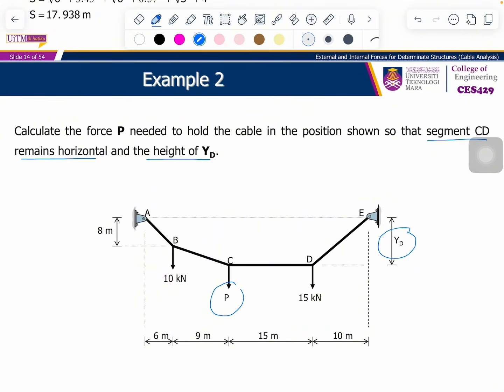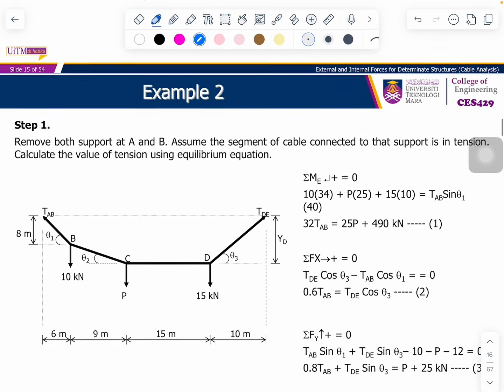So this cable is loaded with a vertical point load of 10 kilonewton at B, then 15 kilonewton at D, and P at C. The horizontal distances are A to B, 6 meter, B to C, 9 meter, C to D, 15 meter, and D to E, 10 meter. So in this case, you need to calculate the value of P and the value of YD.